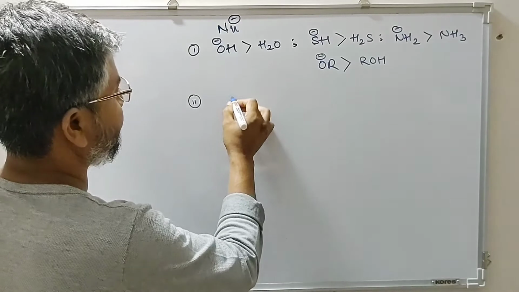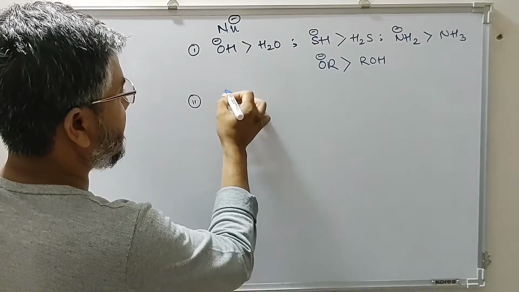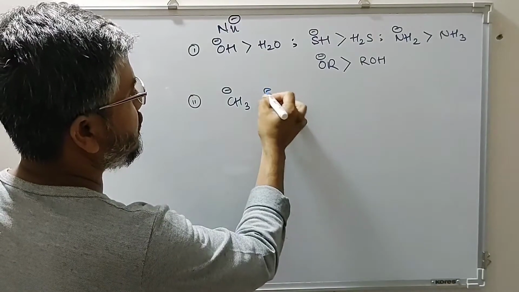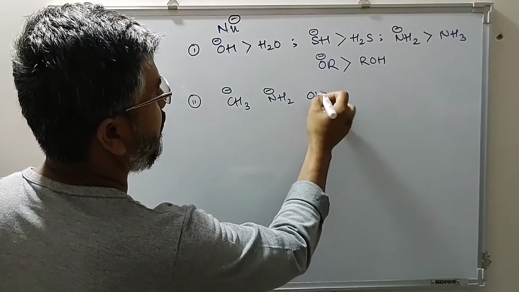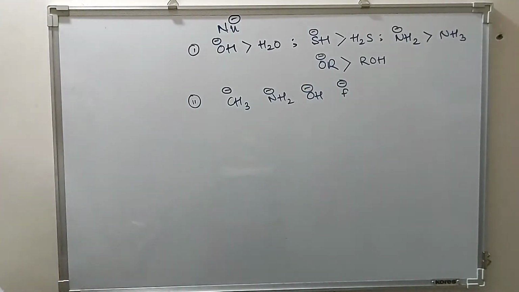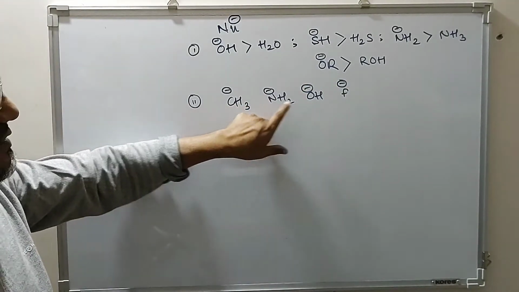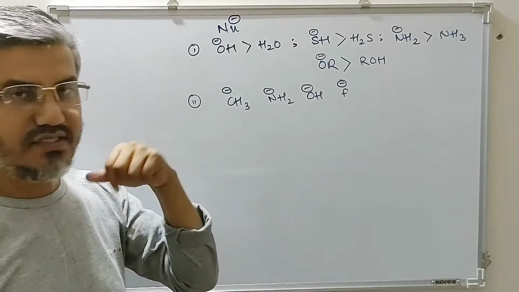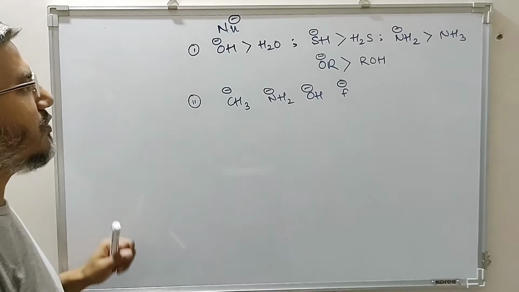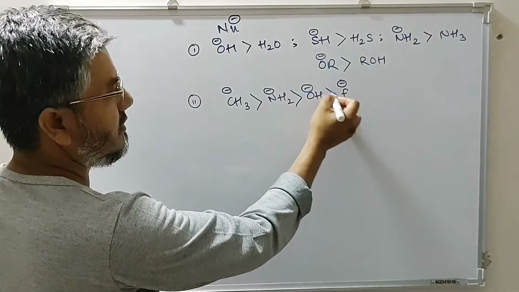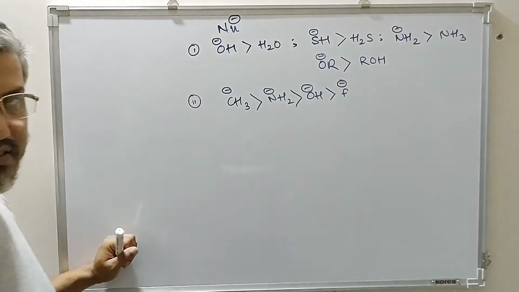Look at this: we have CH3 minus, then NH2 minus, then OH minus, then F minus. The nucleophilic sites are carbon, nitrogen, oxygen, fluorine. All these elements belong to the same period. So moving from left to right, the nucleophilic character decreases.